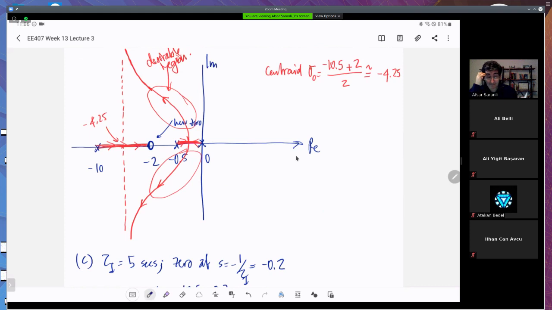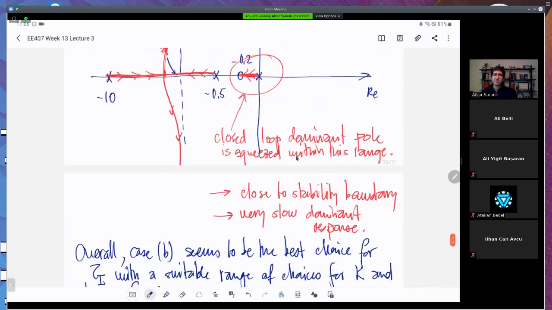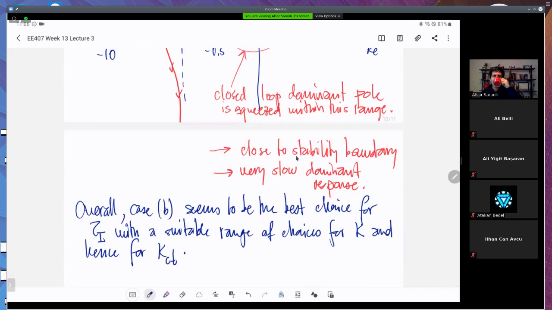Hocam aşağıya bir daha alabilir misiniz o şeyi? Tabii ki. Now, is there any questions?